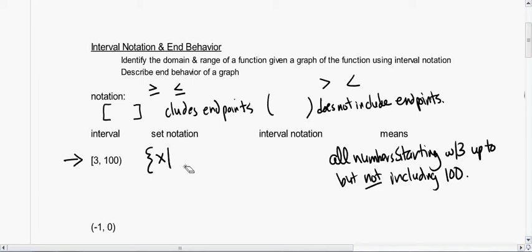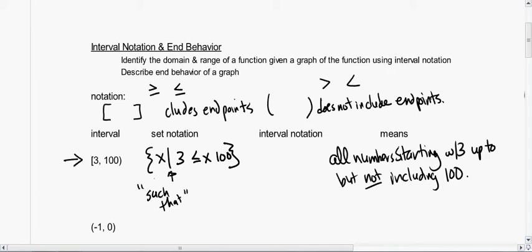If I wanted to write this in set notation, I would use something like this. And what this stands for is all numbers, and this little straight line we read as "such that."